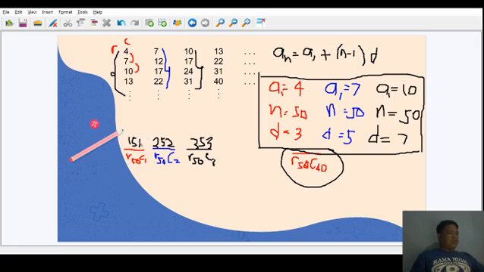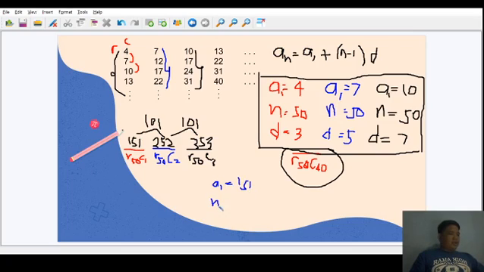Here we just need to get the common difference. So 252 minus 151 is basically 101. And of course 353 minus 252 is 101. Now to get this one, we just need the first term, a sub 1, that is 151.